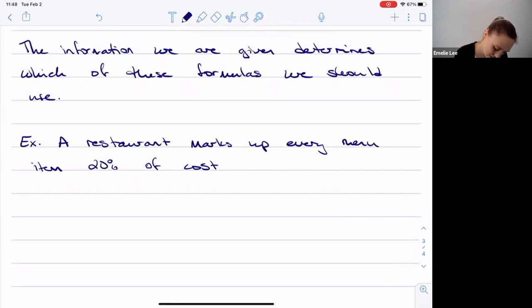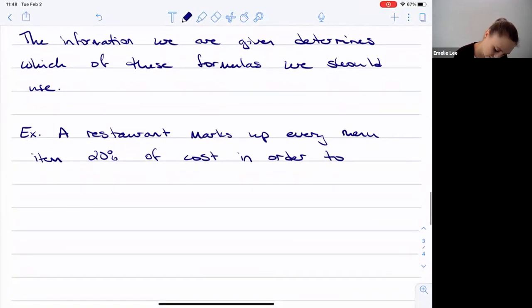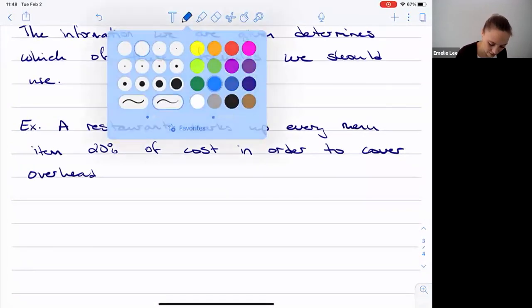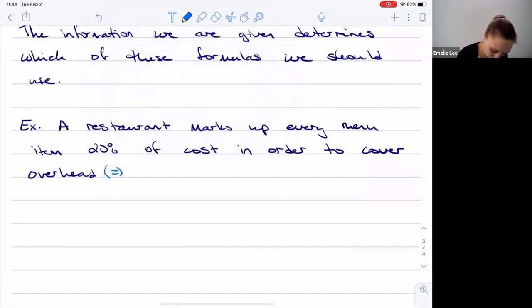Of cost, in order to cover overhead. Overhead is expenses, right?